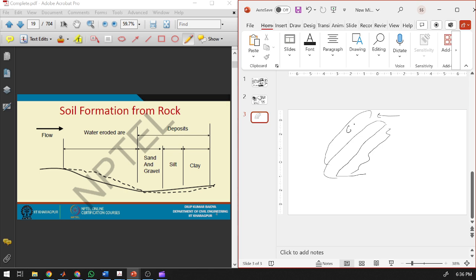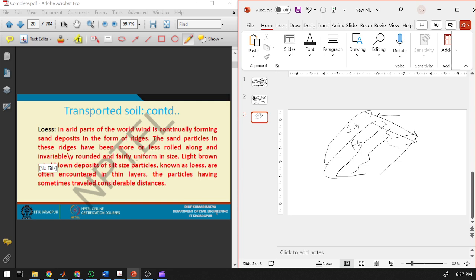This is coarse gravel, this is fine gravel, but as you move towards the water body, you will have finer and finer, even till clayey soil. This is the natural way of separation and gradation of soils. Okay, transported soil.